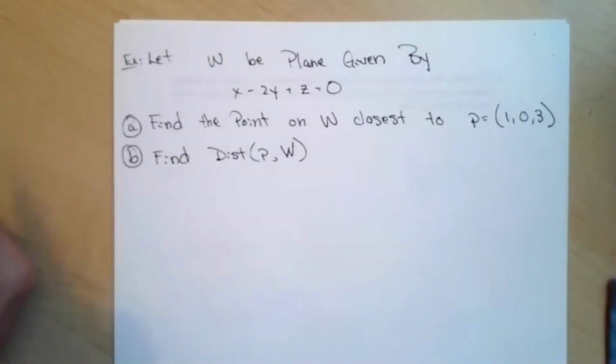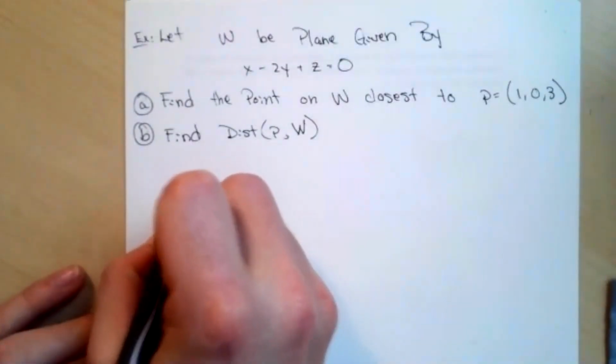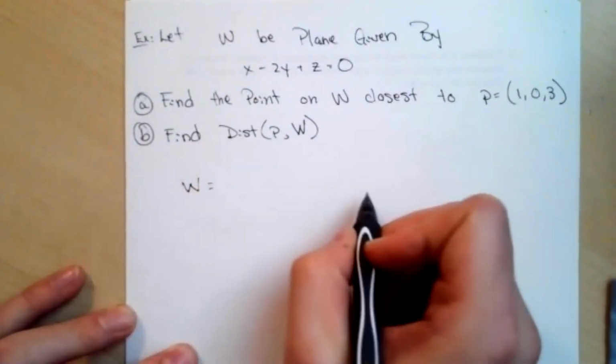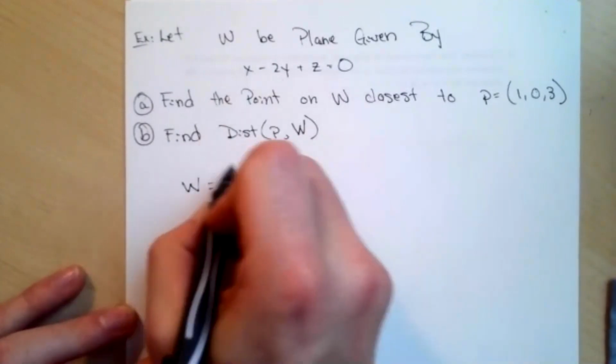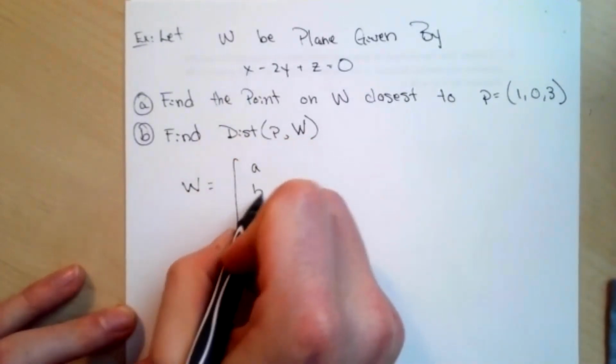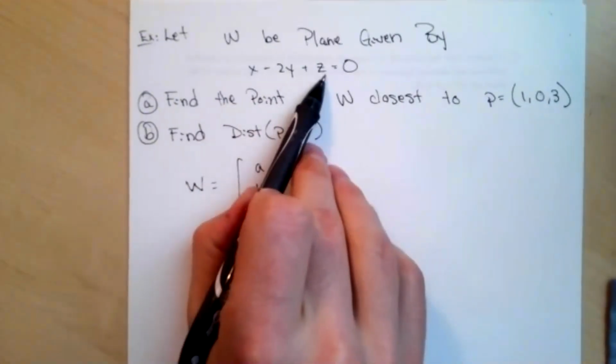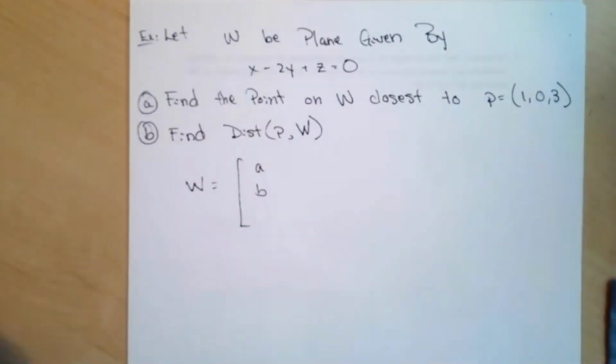How would we find spanning vectors for this set, though? So we know that W, since we have restrictions, we can pick 2 degrees of freedom. Let's say our x and y, we can pick those to be anything, but as soon as we pick x and y, our z has to be chosen so that it satisfies this equation.